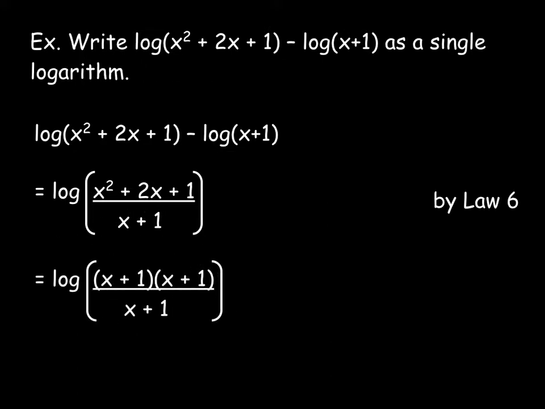Factoring, we get the log of x plus 1 times x plus 1 in the numerator over x plus 1. We can reduce the fraction inside the logarithm, and we get the common log of x plus 1.